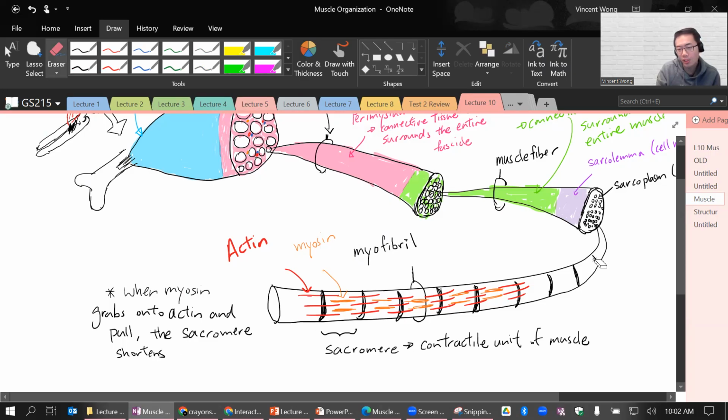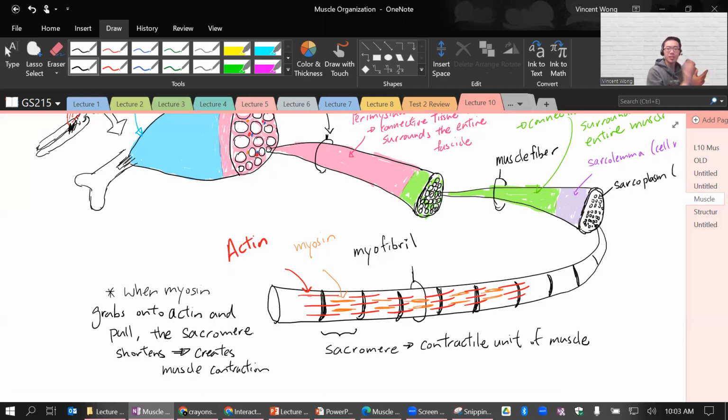And when all the sarcomeres shorten, it creates muscle contraction. Okay. Almost there. Just need to add one more thing.